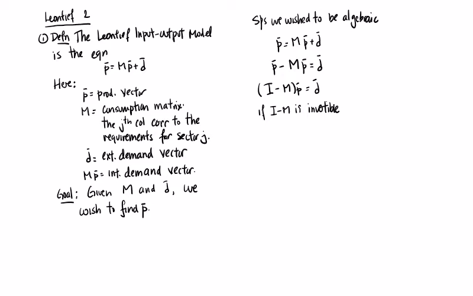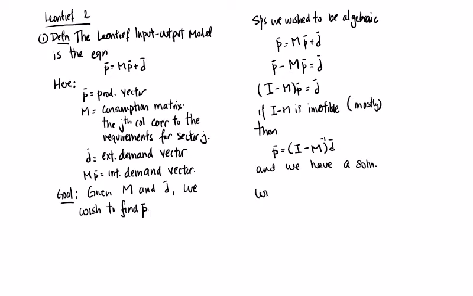And if you randomly throw down a matrix, probably the determinant is non-zero. So if this is invertible, then you simply do this. Don't forget the inverse there. And we have a solution. So that's sort of the easy case.